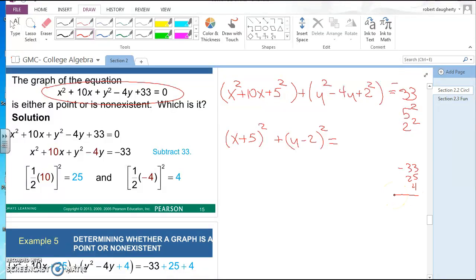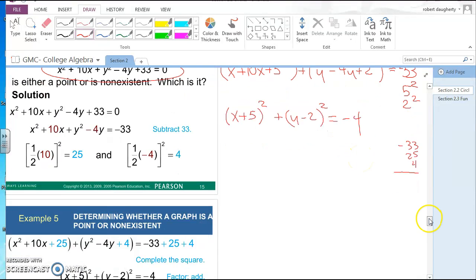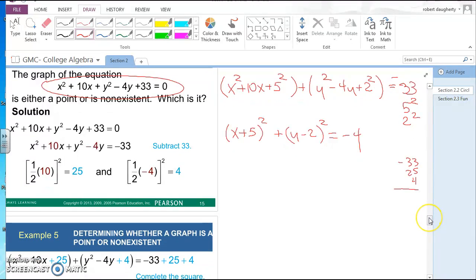That's 29, that's -4. Okay. So in this case, when I look at this, I'm tempted to say the center is (-5, 2), but the radius is not the square root of -4. The radius has to be a positive number. So this is not a circle.